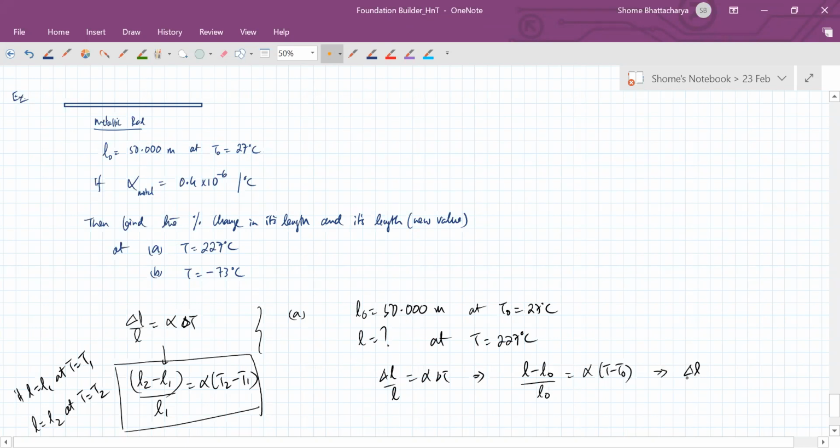So the fractional change in length is equal to alpha, which is 0.4 into 10 raised power minus 6 into the temperature change, which is 227 minus 27.